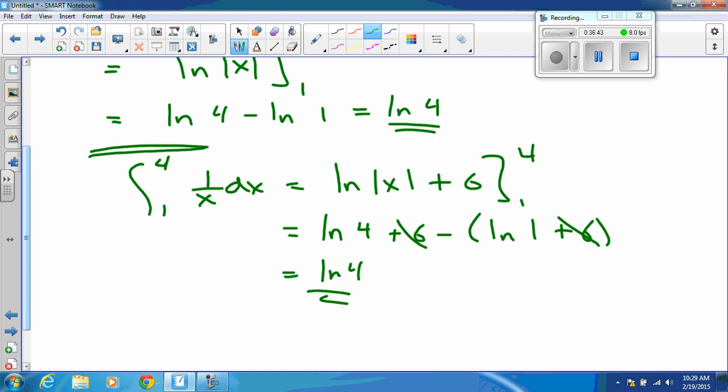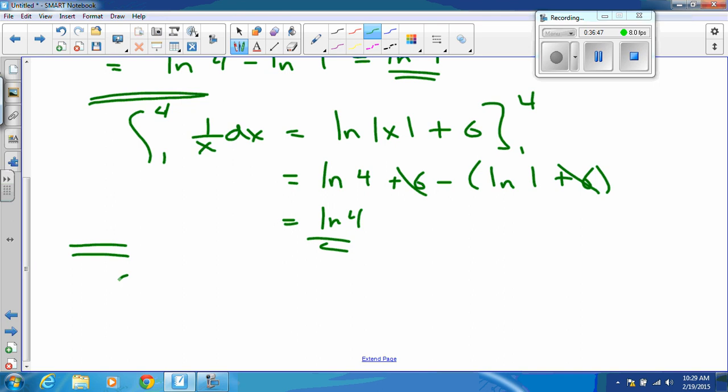But I want to address one more question, and that is, why is the absolute value necessary? So consider this integral right here. The integral from -4 to -1 of 1 over x dx.